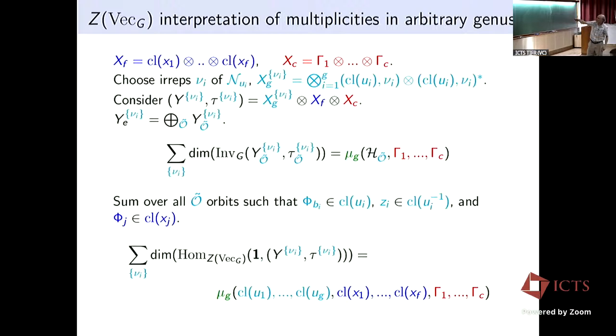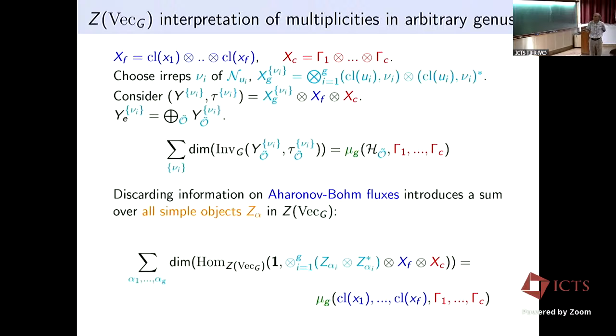You take the tensor product of all this, and again, your multiplicity is given in terms of the dimensionality of a space of arrows that can be computed by the technology of fusion trees.